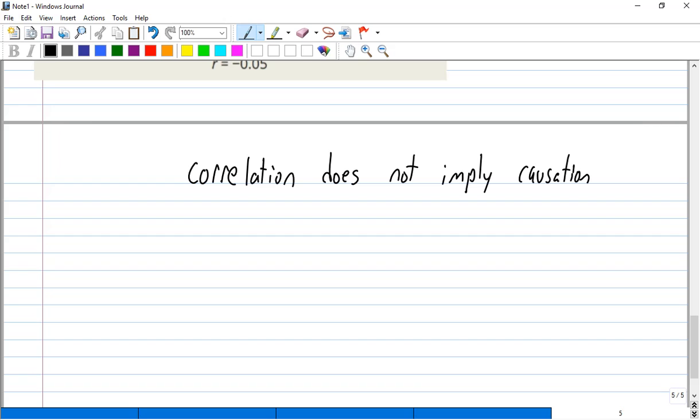But it's not the snake bites that's causing people to eat more ice cream. It's the fact that the temperature is rising. The temperature makes snakes more active, and so then there would be more snake bites.